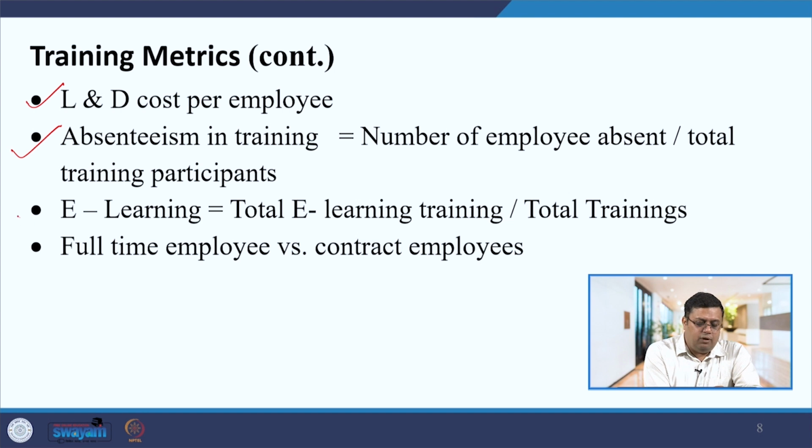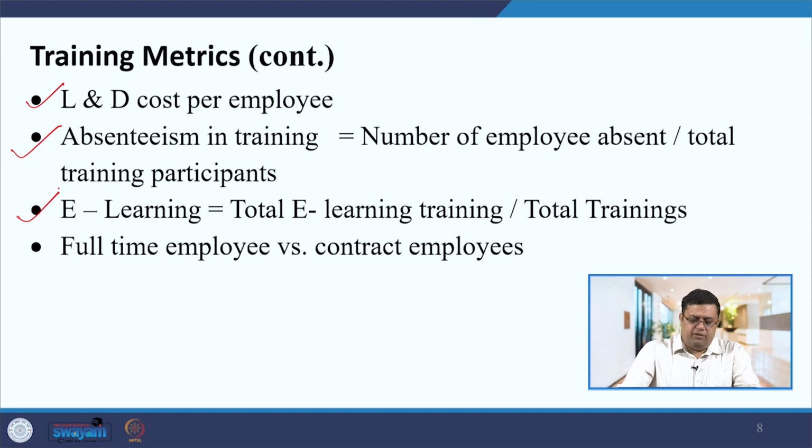Another thing that you need to understand here is e-learning, right. You can see the trend for e-learning. Government has also started so many recorded content which they are using for training employees.